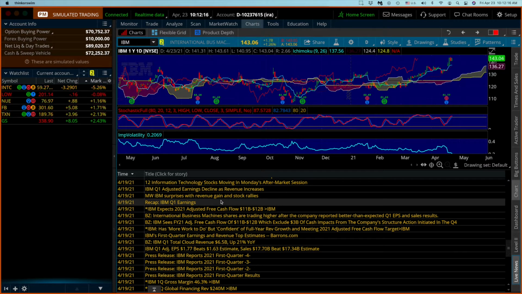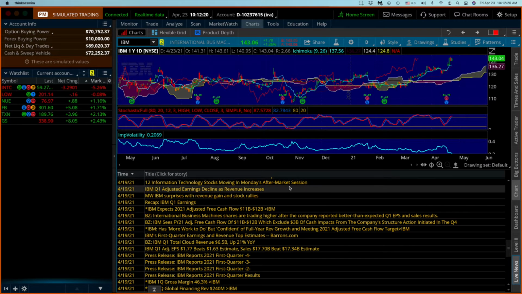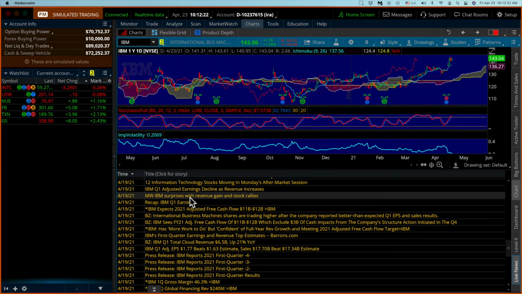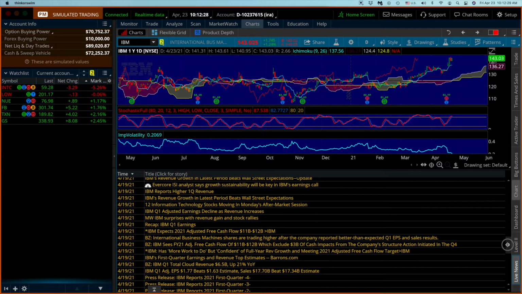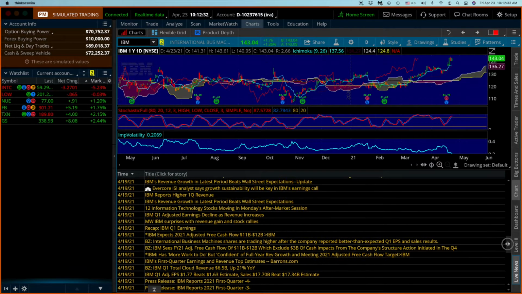Okay, so the revenue is what is increased. The earnings were good, but there is a raise on the earnings, on the revenues, which is better than expected. So that's why the stock is going up, even though it doesn't reflect on the earnings. There it is. The revenues beat.